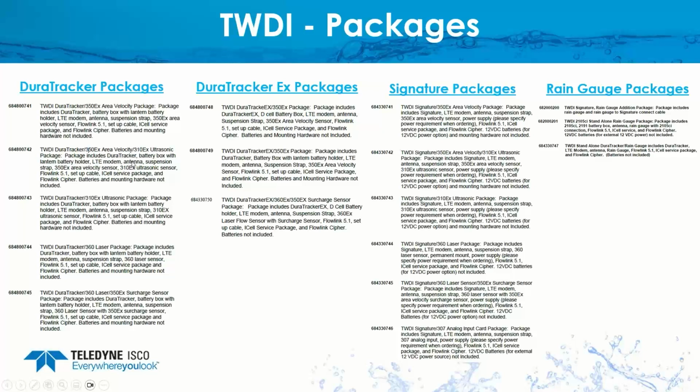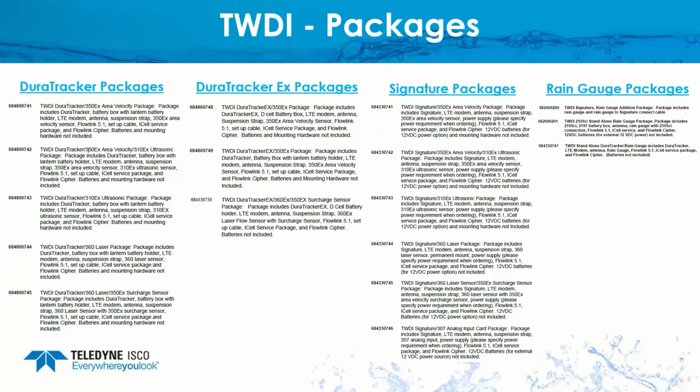It includes the modem, the antenna, all the sensors, the cell package, and your Cypher account. Batteries and mounting are not included, which I mentioned before, because that's going to be very dependent on your site. But at the end of the day, we have all these different packages available to you, so we can find the right piece for your project. And again, one part number does it all. We have everything set up for you, so you can simply log in and run with it.